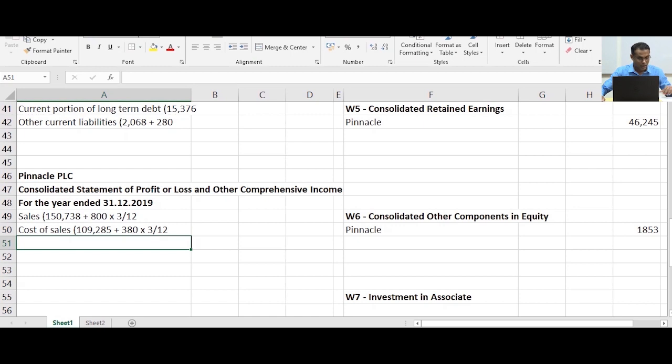Then I need to have my gross profit figure. And after the gross profit, operating expenses.